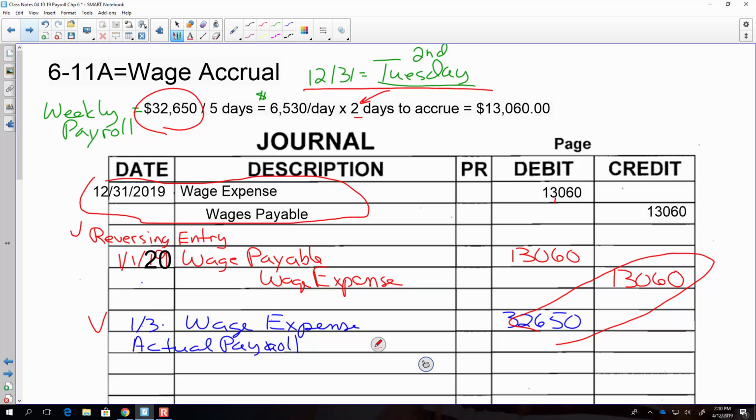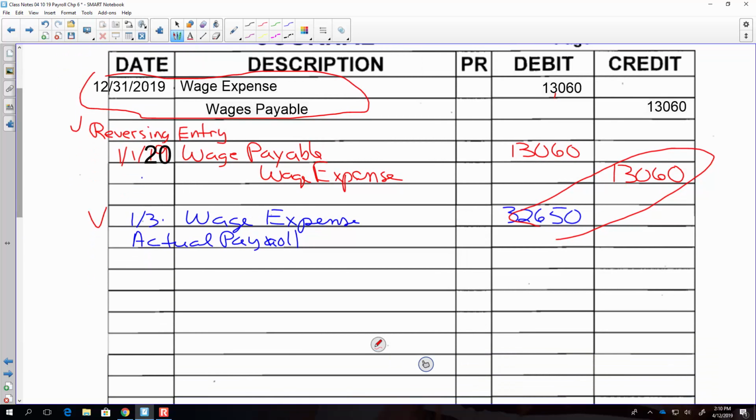Come the new year, I reverse that entry, just change the account names around, and then when I actually make the payroll entry, let's say on January 3rd, which would be Friday, I debit the expense for the full amount.